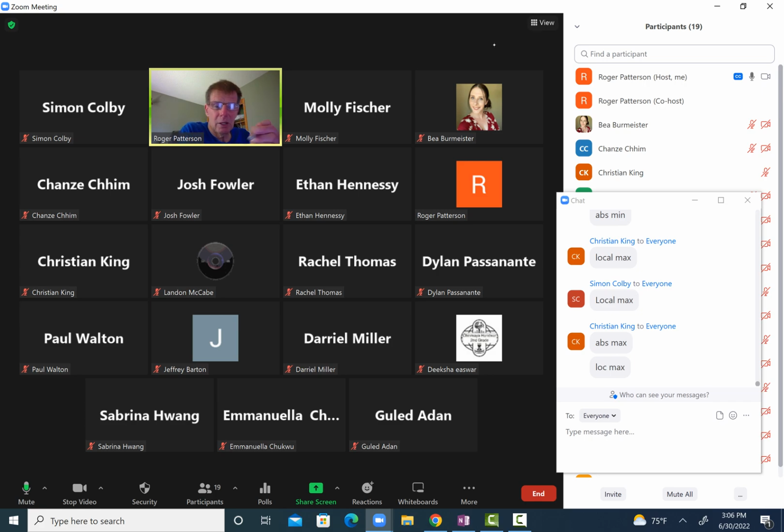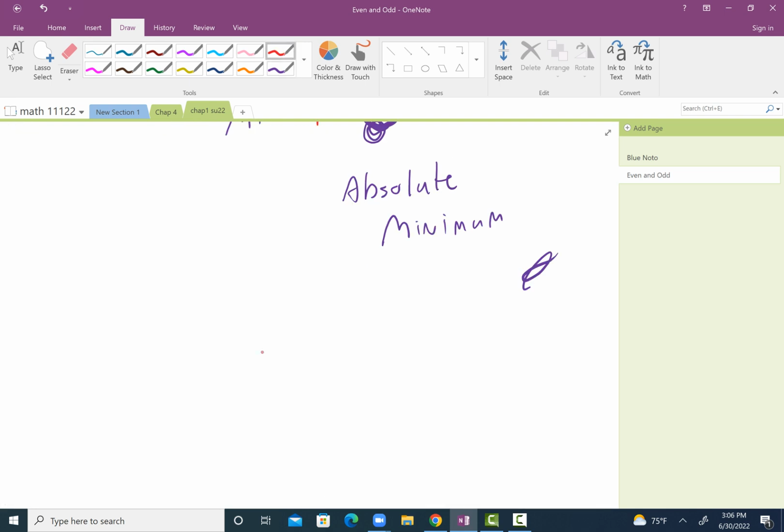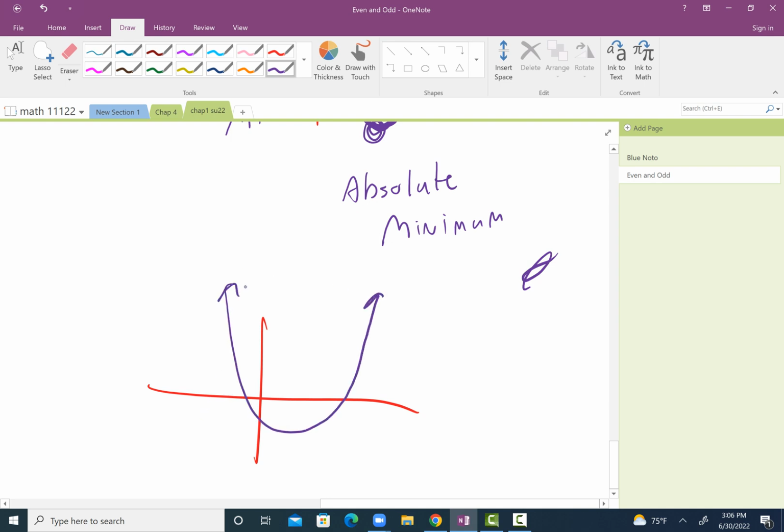The other thing that they talk about, and then we'll have to make some adjustments, is they have a graph. I'm just going to pick a parabola for example here.